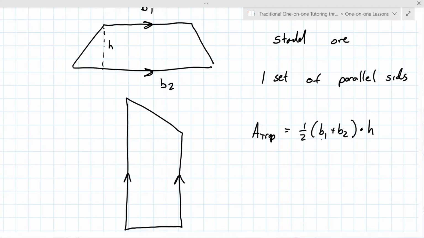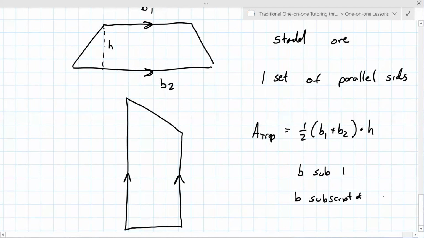Okay, so this b with a little 1 could be said a few ways. It's b subscript 1, or sometimes you say b sub 1, but what you really mean is b with a subscript of 1. This is a common thing to do in math. Your instructor might use big B and little b, fine, whatever you want to use, but this is the standard one with the subscripts.